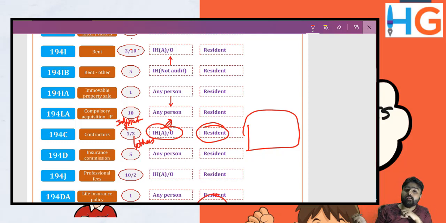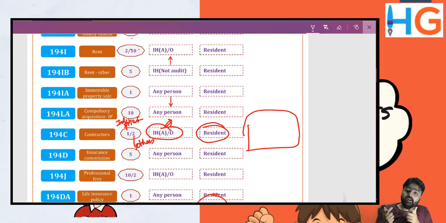Now, for example, a special point for 194C could be: if the person is providing a bill of goods plus service, and if the value is bifurcated, then TDS is to be deducted only on the service component. This is a provision in 194C which provides that if an invoice comes to me, I need to deduct TDS on that amount.